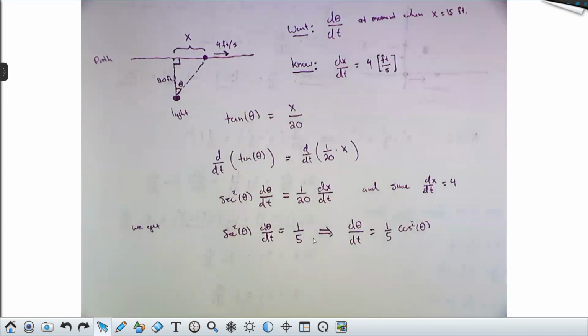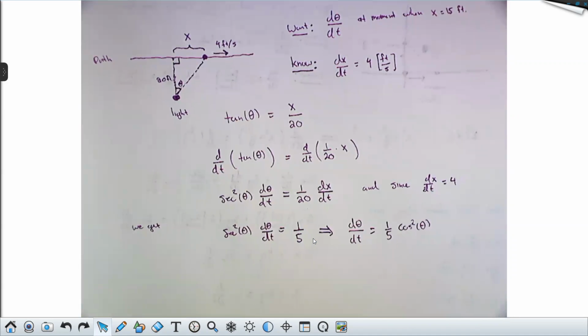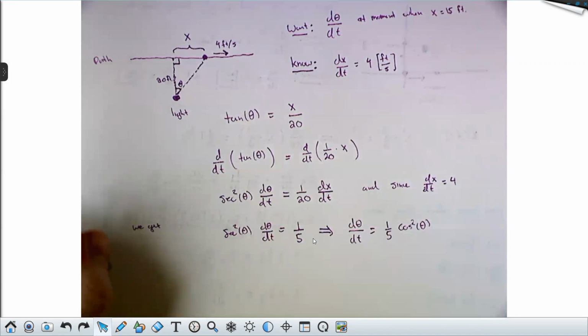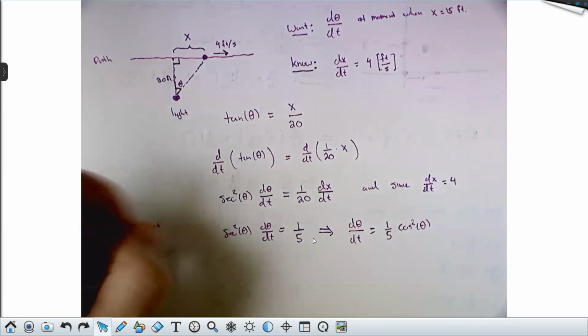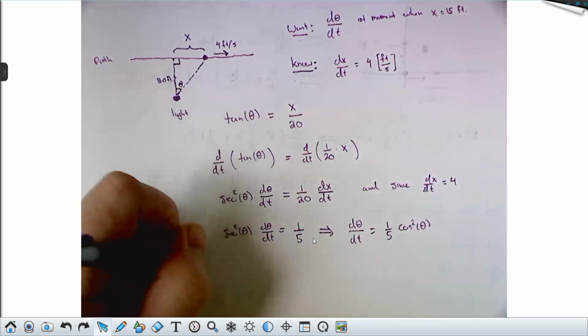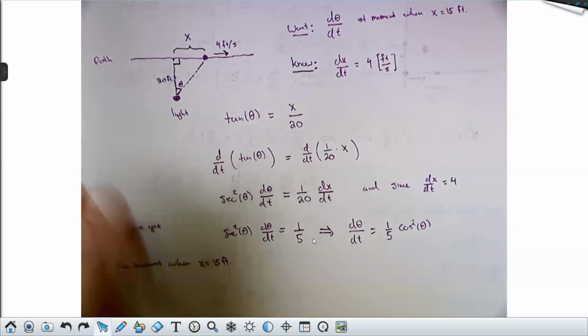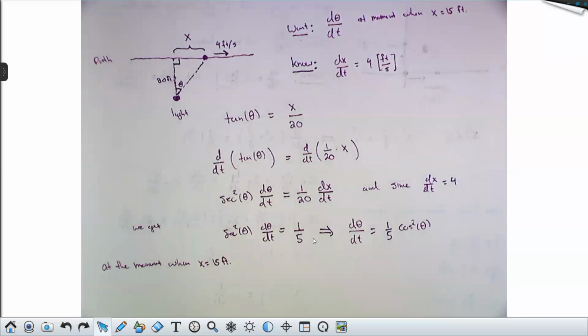But there's still an issue, namely, I don't know what theta is. So this is true for all time, right? Regardless of the moment we're looking, this is always true. But at the moment when x is 15 feet, let's redraw the picture.